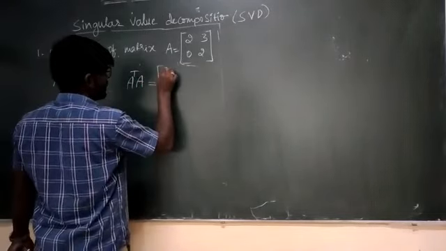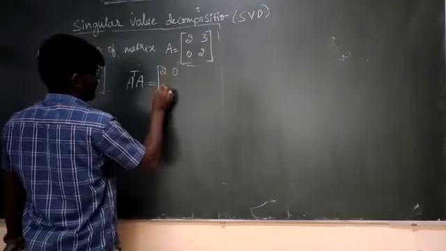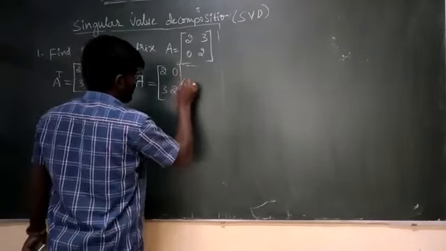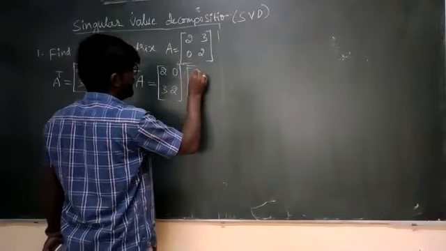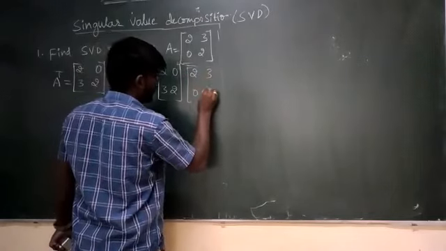We multiply the A transpose matrix, 2 0 and 3 2, by the A matrix, 2 3 0 2.